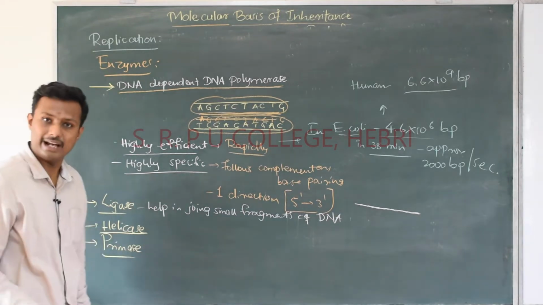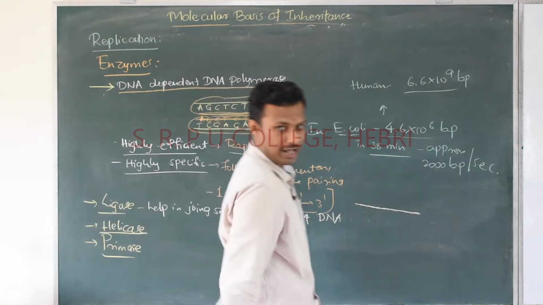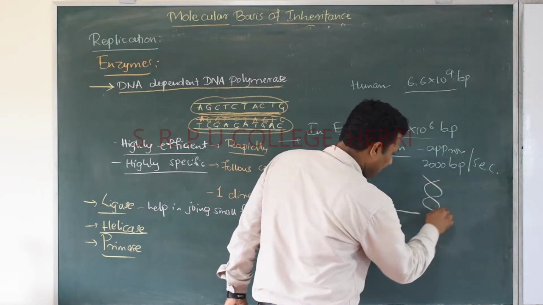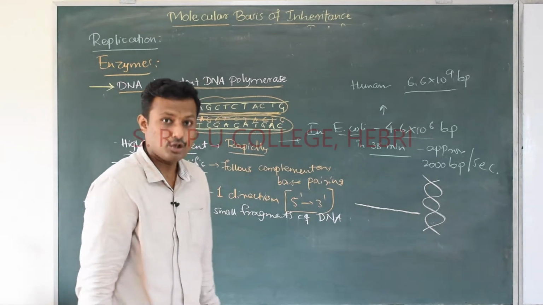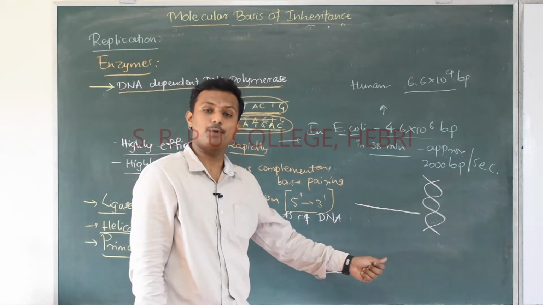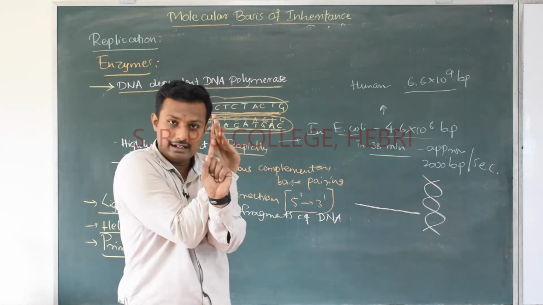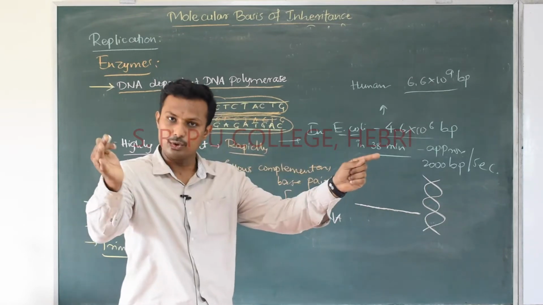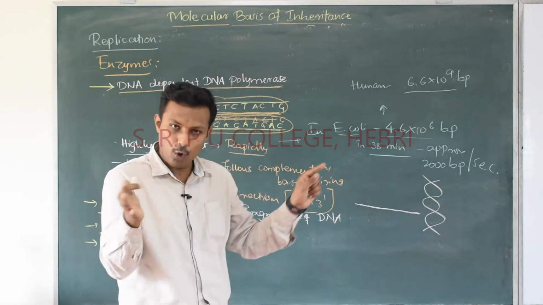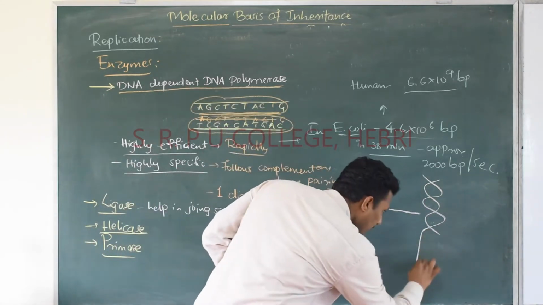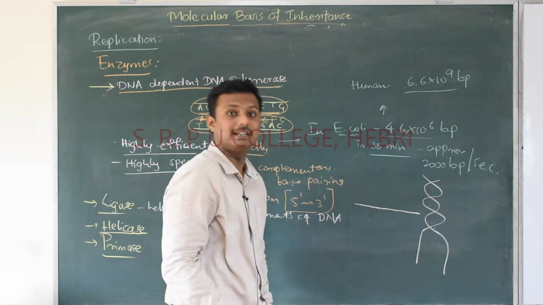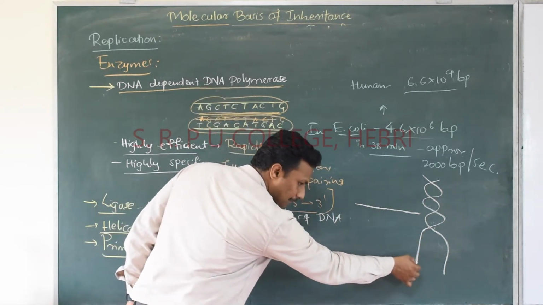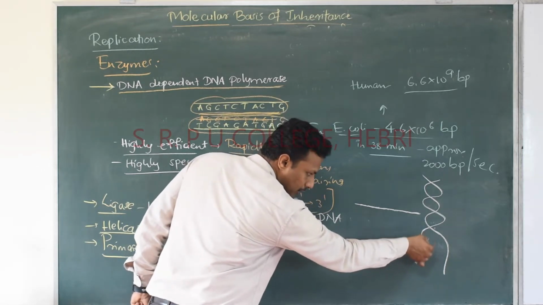Then helicase enzyme. While replication happens, you know that the structure of the DNA will be a double helical structure like this. Before the replication process starts, this helical structure has to be unwound. It has to be opened, and the open arms will act as the template strands. Template means this strand will help in the synthesis of a new DNA strand.